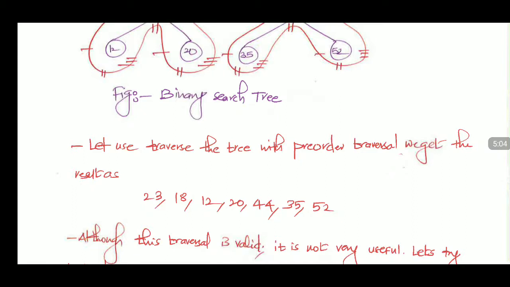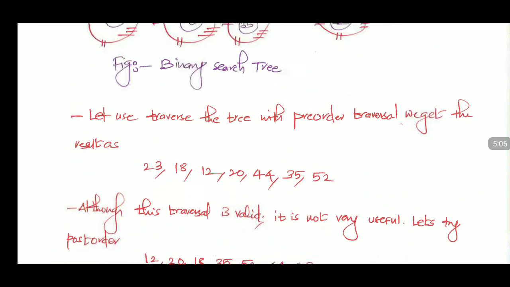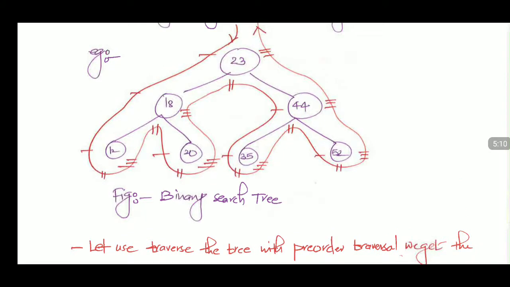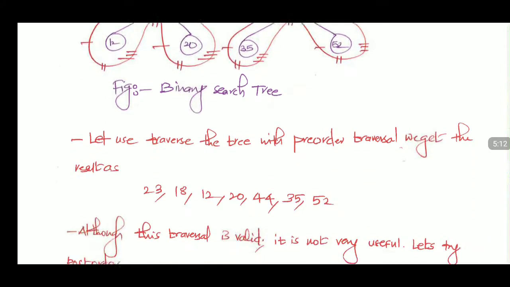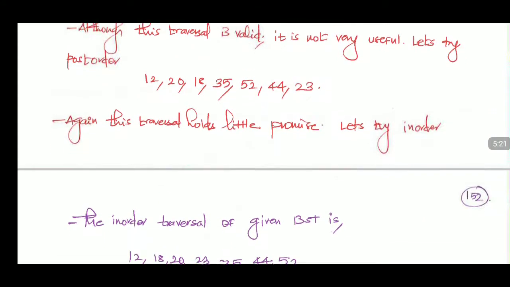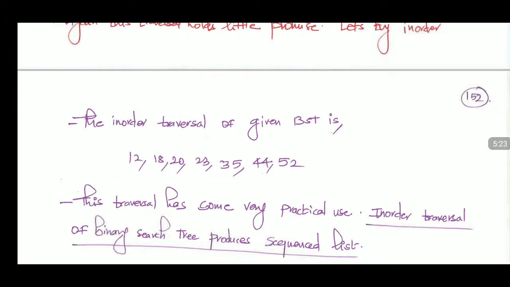Now we traverse the same tree and record the things in the second visit to the individual node. In order to get the things recorded in the second visit, we got 12, 18, 20, 23, 35, 44 and 52.